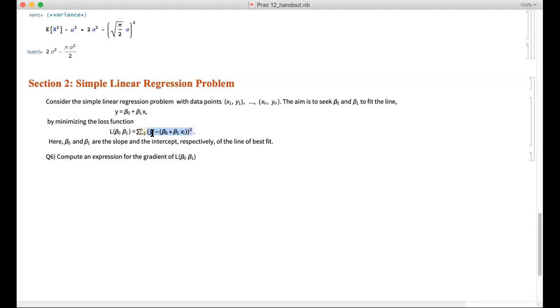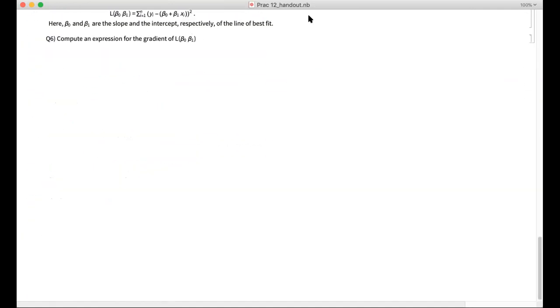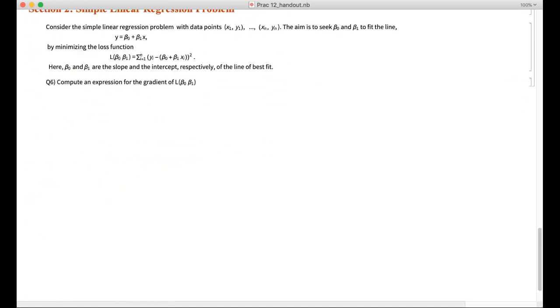It's the sum of each observed point minus the modeled value, and square the difference. What would be the gradient? How would you compute the gradient of the loss function? The loss function has 2 variables, beta 0 and beta 1. Okay, how would you compute the gradient?